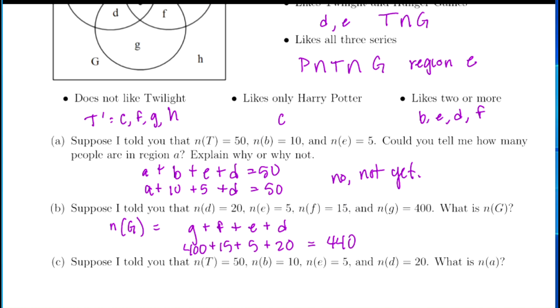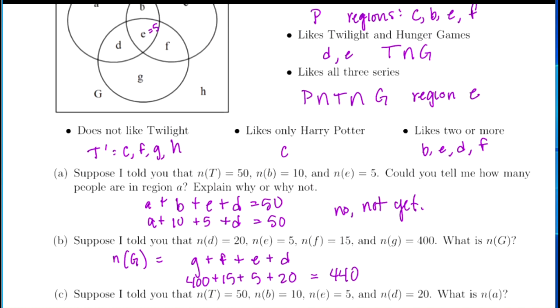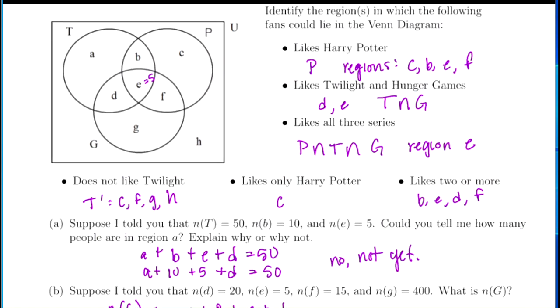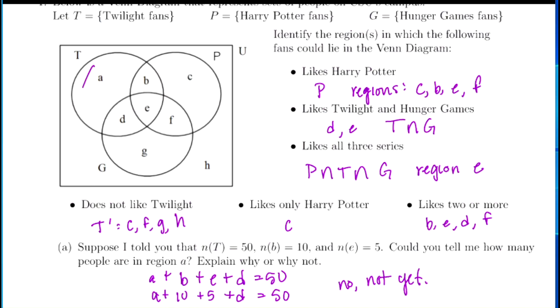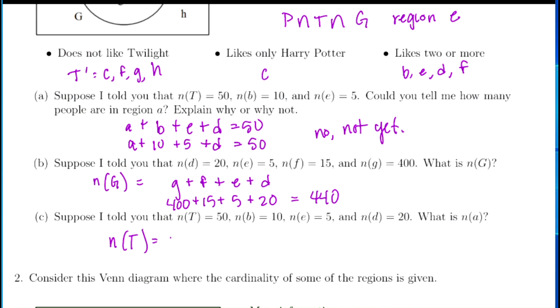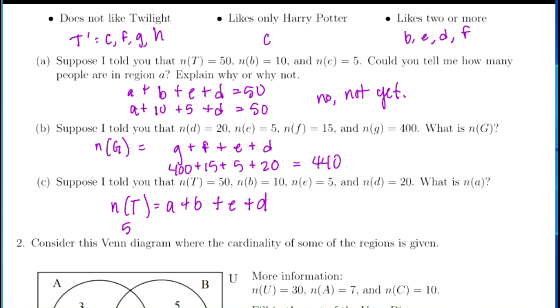Going back to region T, so fans who like Twilight, N of T, you're going to add up all of those regions: A, B, E, and D. We are told that the number of people who like Twilight was 50.